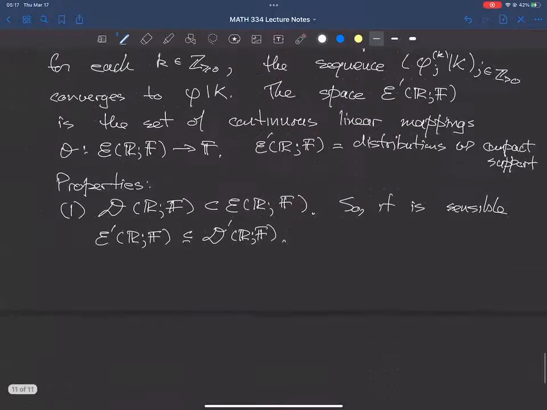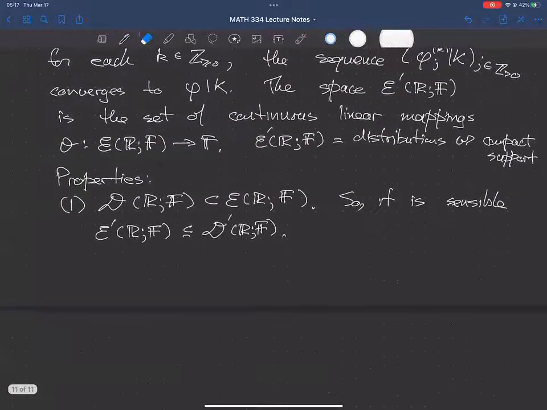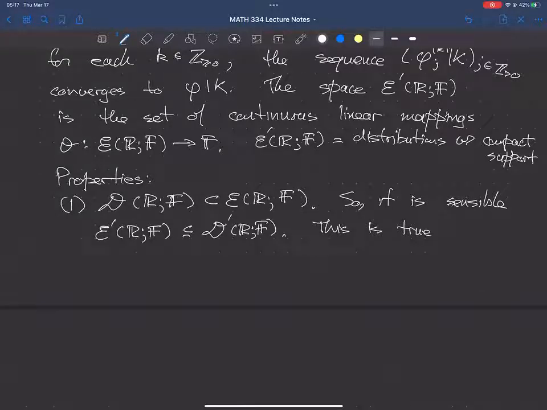This is true, and moreover, theta is in D prime.